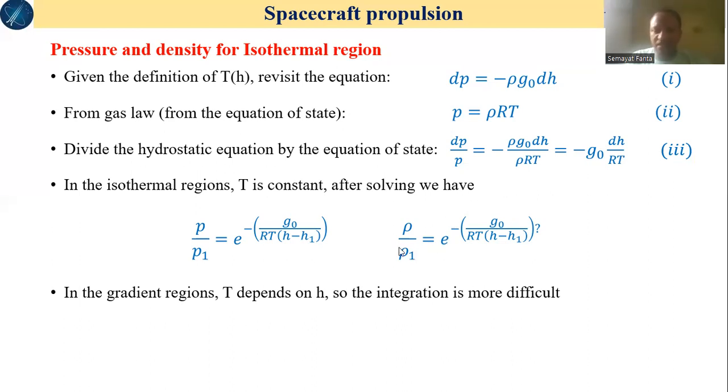So this is the expression for pressure and density with altitude, and it works only for the isothermal region. We cannot use this equation for the gradient layer. So this is from 11 kilometer to 20 kilometer altitude of the atmosphere.